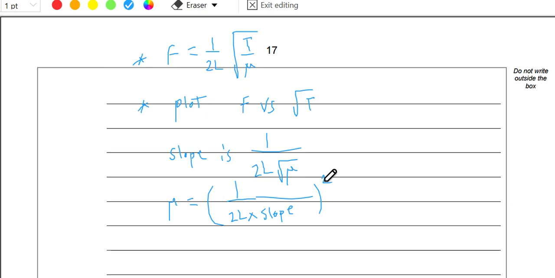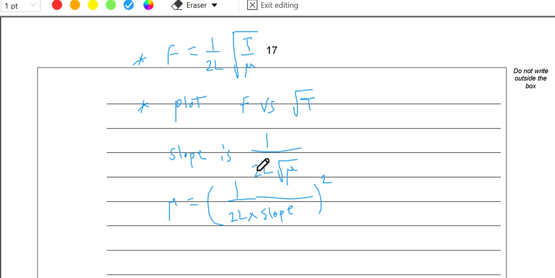After that, we have the relation f equals 1 over 2L times the square root of T over mu. We can rearrange it to plot a relation between frequency on the y-axis and square root of T on the x-axis.